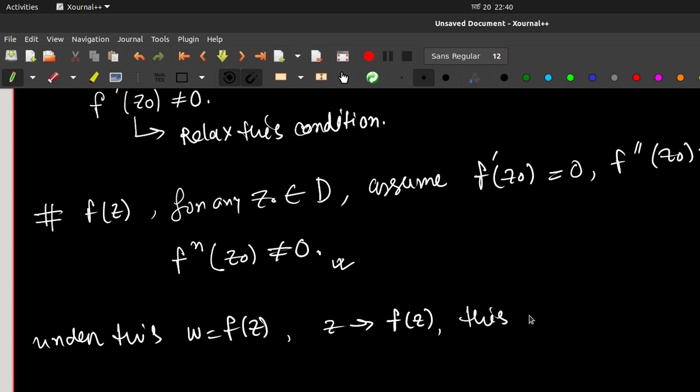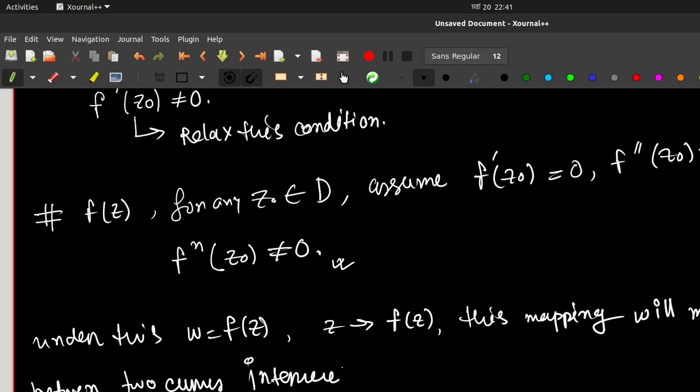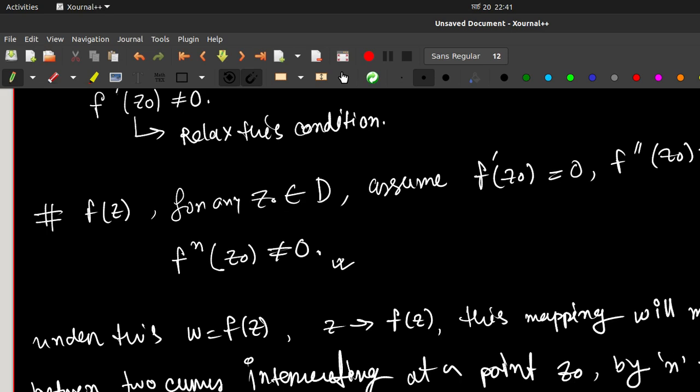This mapping will magnify the angle between two curves intersecting at a point z naught by n times.